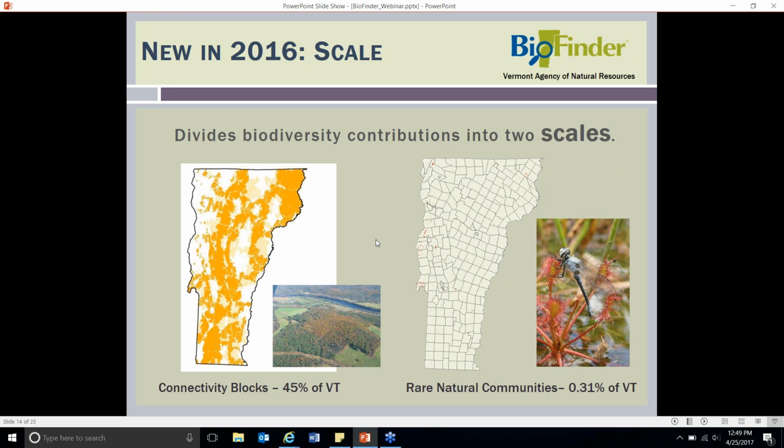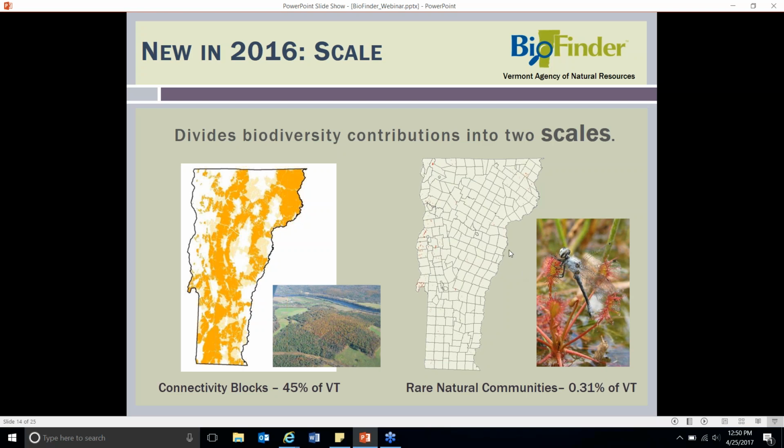And the important part at this scale is to maintain that pattern. We really want to maintain those connections across the state, but this is a large area of land. That's nearly half of the state in that one data layer. And these aren't particularly sensitive places, but they are places where we want to look at that pattern.